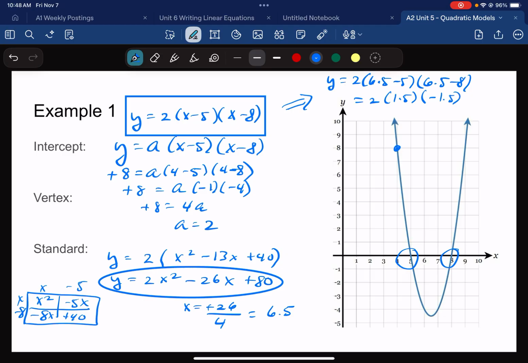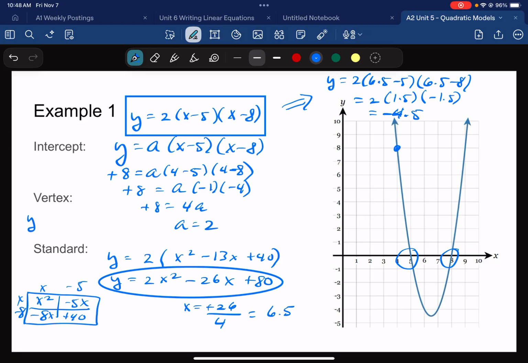So that's negative 2.25, doubled makes negative 4.5. And that seems to fit my graph. 2.25 times 2 is negative 4.5. Yeah, so the vertex is down here at (6.5, negative 4.5).